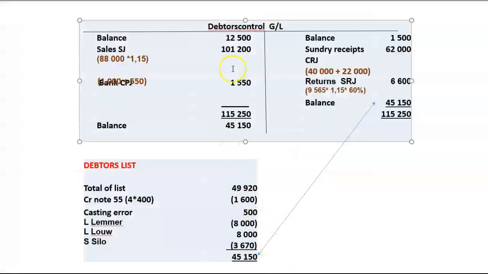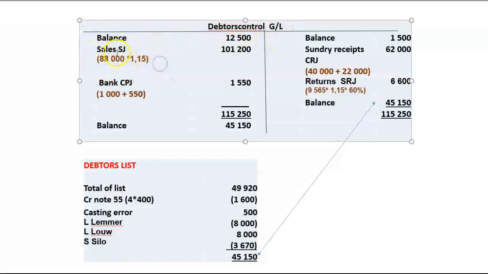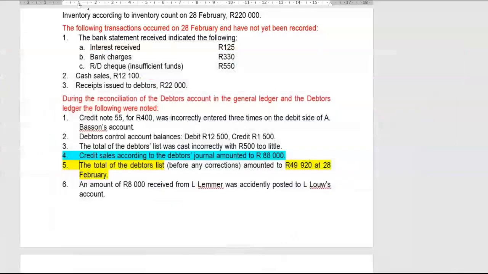It would have been 88,000 multiplied by 1.15, which will include the VAT. So credit sales for the month coming from the debtors journal, 101,200. Great.